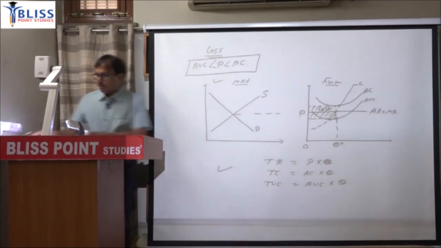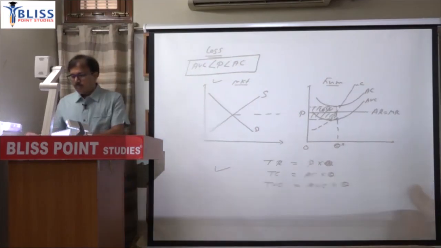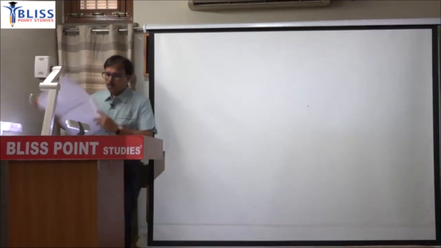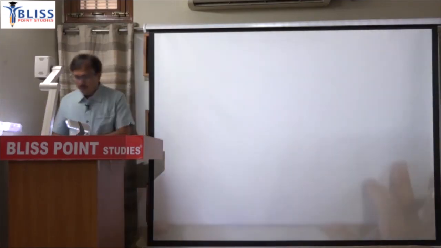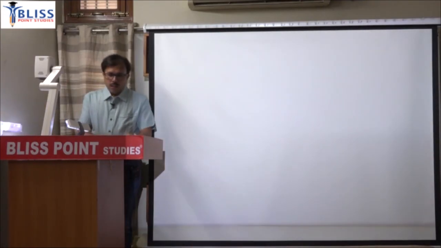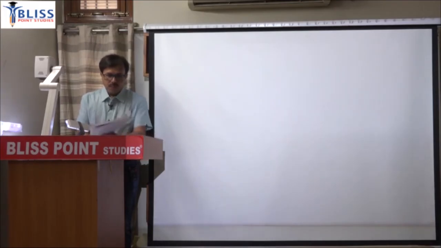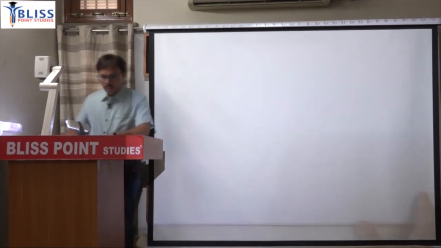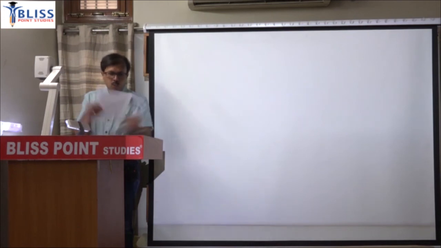Clear? So this was description for profit maximizing condition under perfect competition. Now one more topic we can take in this class, because there was one question in 2019, so that you can answer at least 2 questions based upon first class.